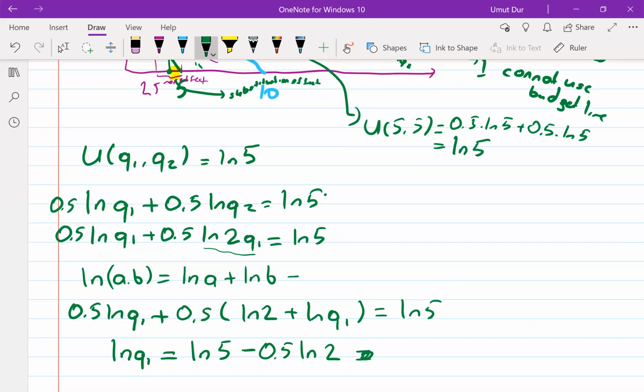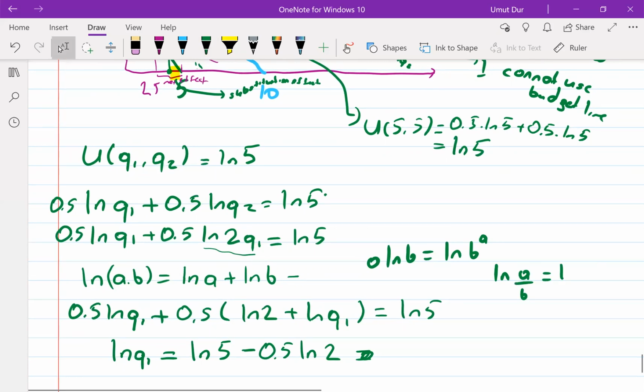Do you know this rule? A ln B is equal to ln B to the power A. And ln of A over B is equal to ln A minus ln B. These are just the three rules that you need to know.